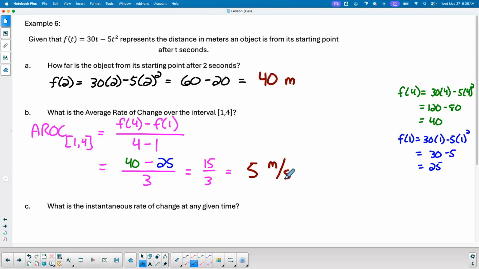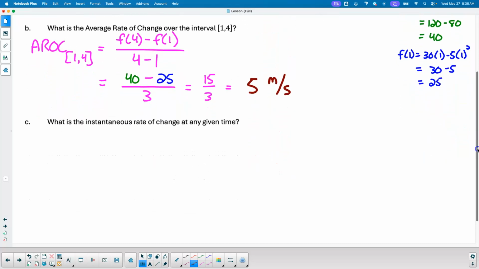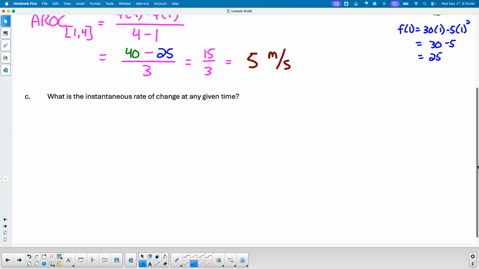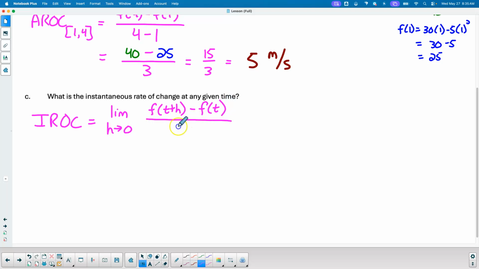Now we have to find the instantaneous rate of change at any given time t. So that is going to be the IROC, the limit as h approaches 0 of f of t plus h minus f of t, all over h.